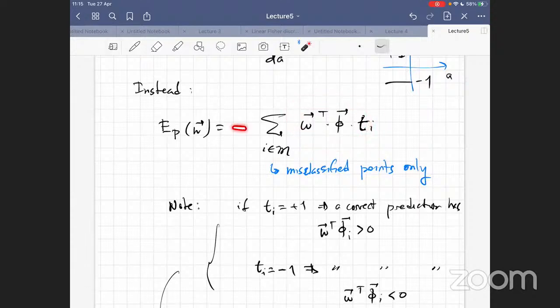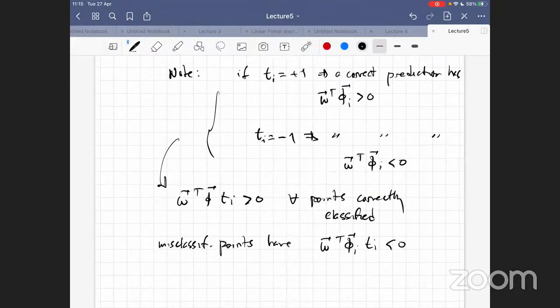So with this negative sign here, the whole thing becomes positive, and then a minimum is well defined. Okay. So which means that this thing is positive. Okay. And then I can minimize it.